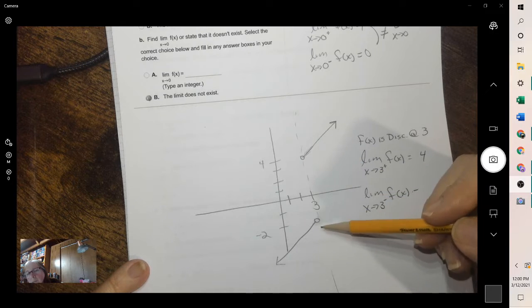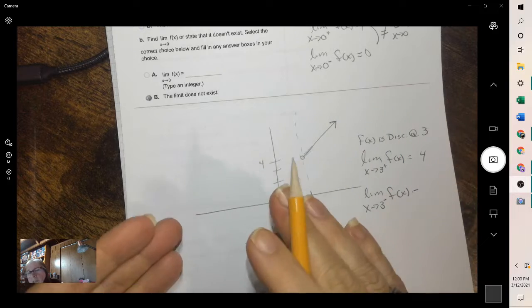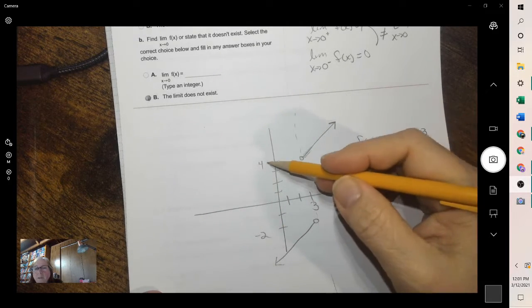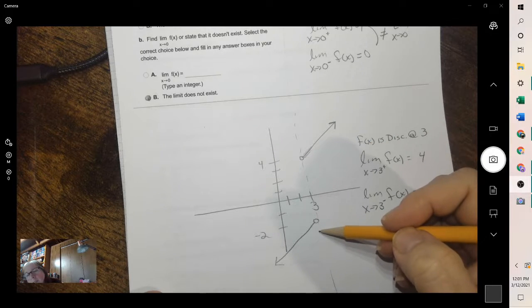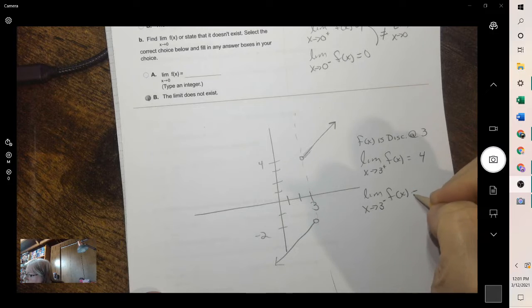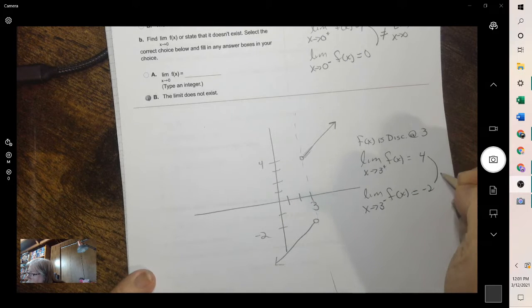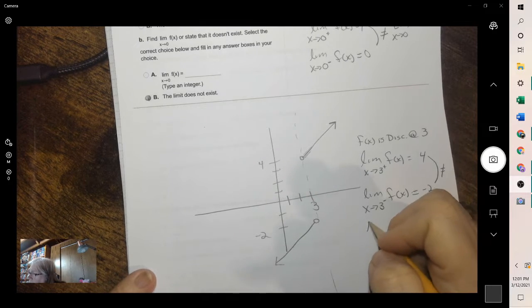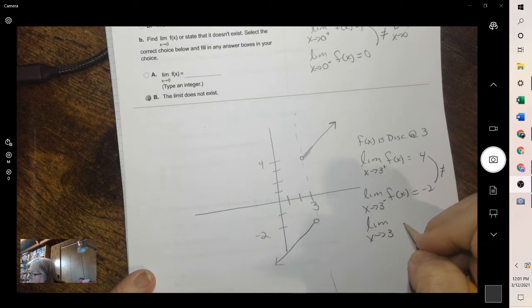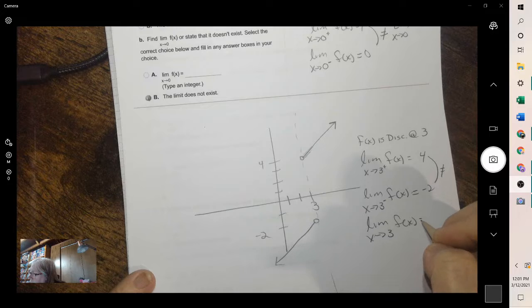So you're looking for the point, depending on which side you're on. On the right, the graph's here, so we're using 4. And on the left, the graph's down here, and we're using -2. Since these two are not equal, the limit as x approaches 3 does not exist.